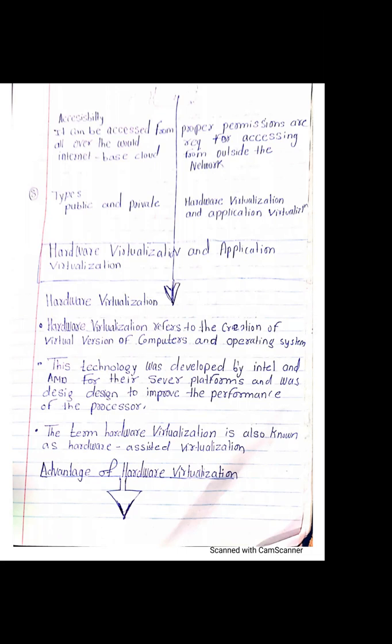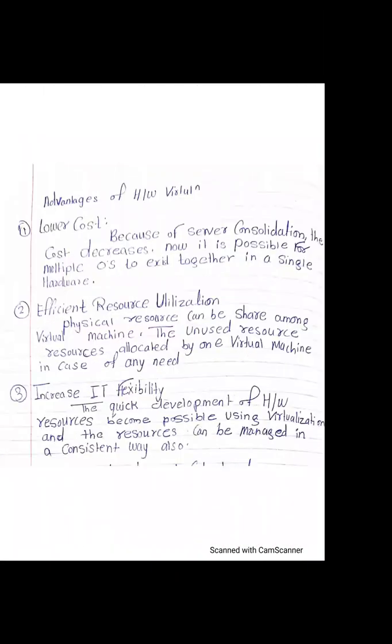Now let's see the advantages of hardware virtualization. There are lots of advantages, because managing virtualized hardware is much easier than adjusting physical hardware. Low cost: without it you need to invest a lot of money in hardware.